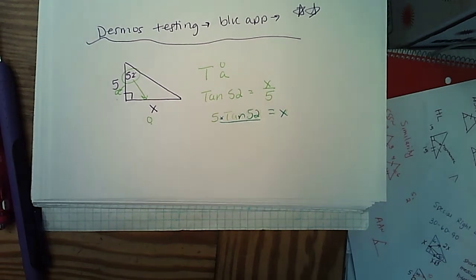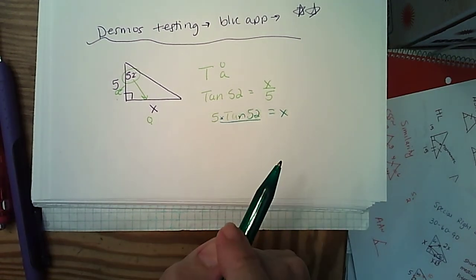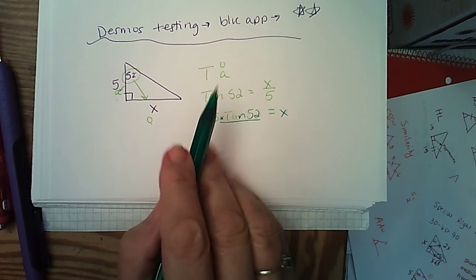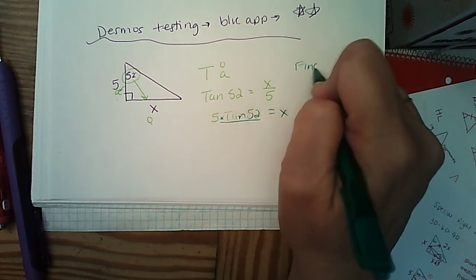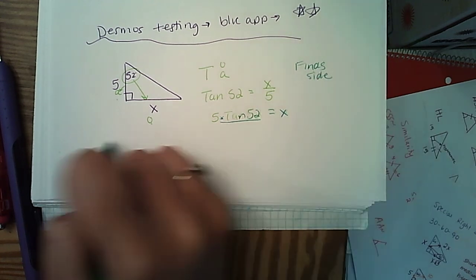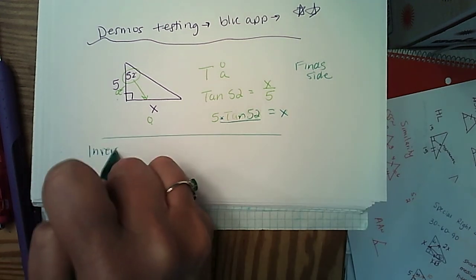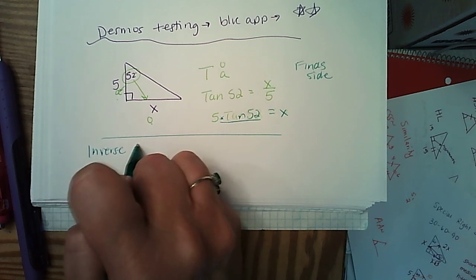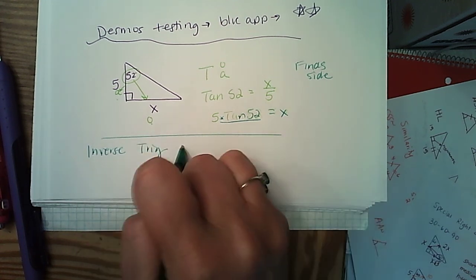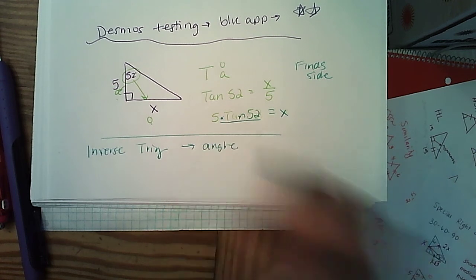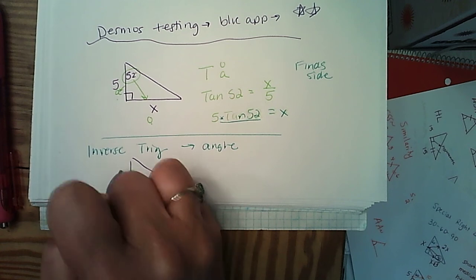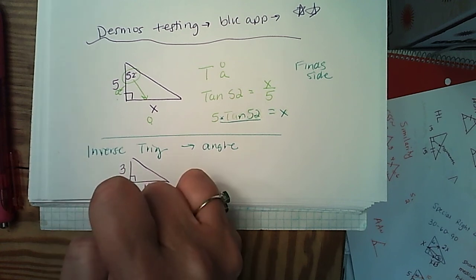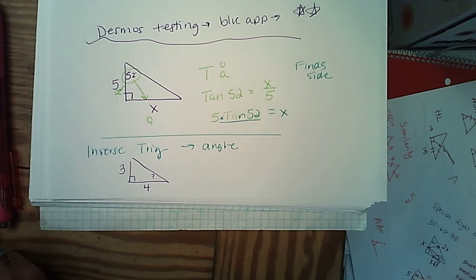The last thing, part of this section as well, you're talking about the inverse tangent. All the inverse tangent is, you're trying to find an angle. Regular old SOHCAHTOA is trying to find a side. Inverse trig, or inverse SOHCAHTOA, you're finding an angle. So if I have this again right here, I might have this being 3 and this being 4. What is this angle here?